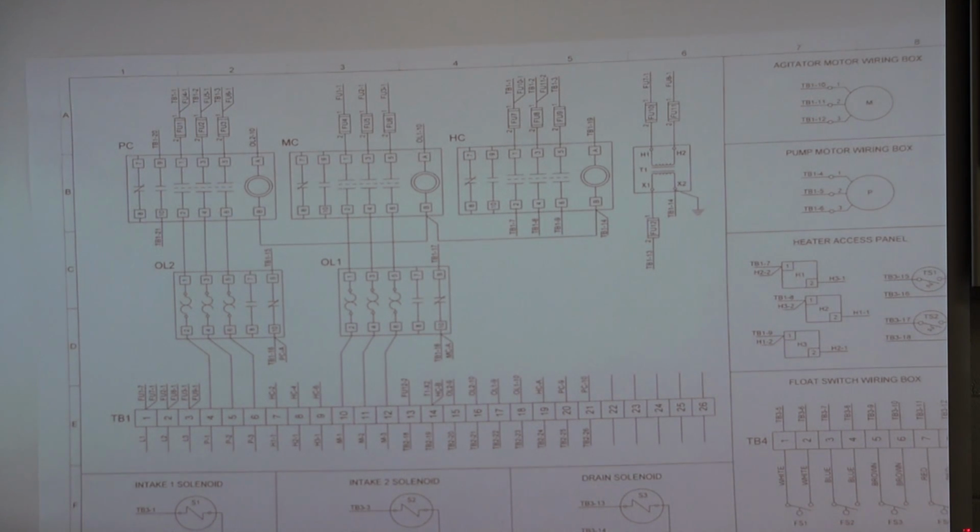We can control other stuff based on whether the contactor's on or off. For instance, if we had an off light, we'd want to use the set of contacts that are closed when the contactor is off. If we had an on light, we'd want to use the set of contacts that's closed when it's on. So that's just one example, but there are far more complex ways.